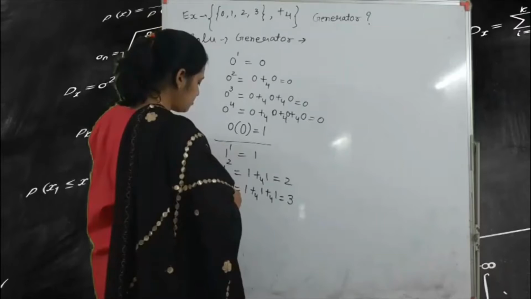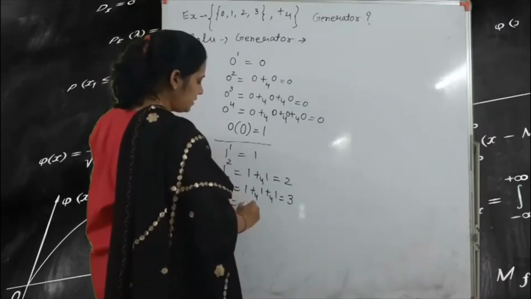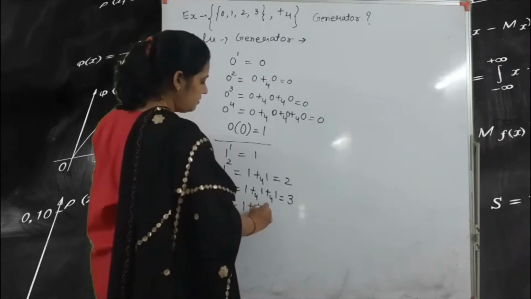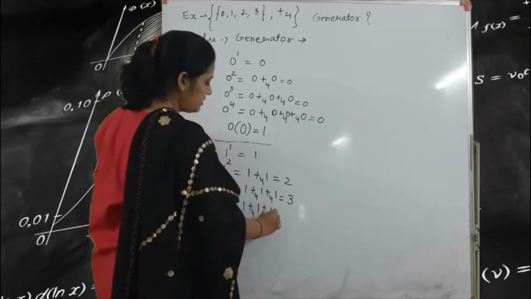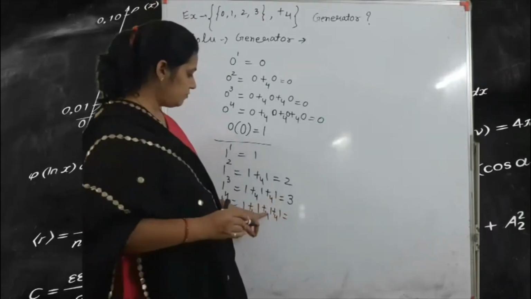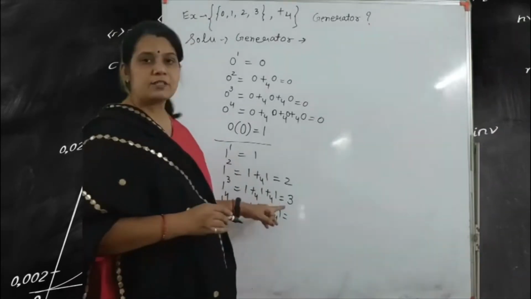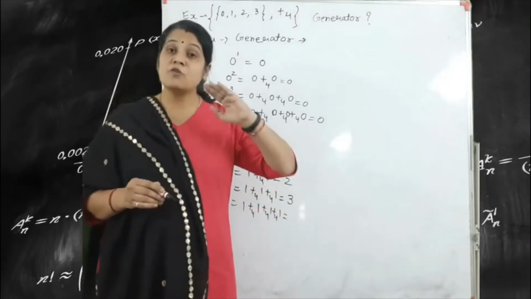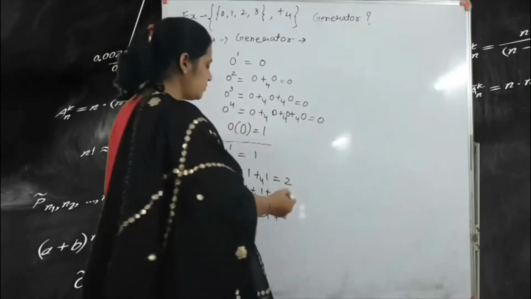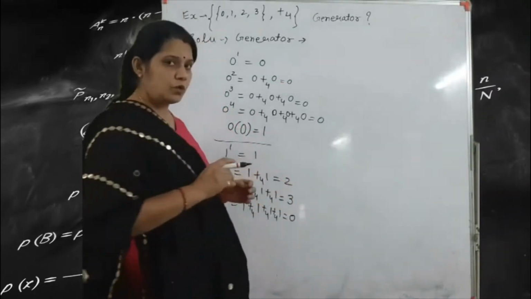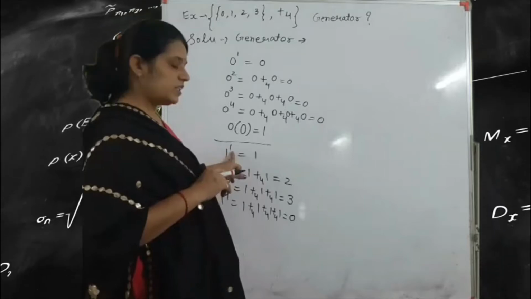Next one is 1 raised to the power 4. So we write 1 four times: 1 plus 1 plus 1 plus 1. That means 4, and 4 divided by 4 means we get 0. So here we put 1 raised to the power 1.